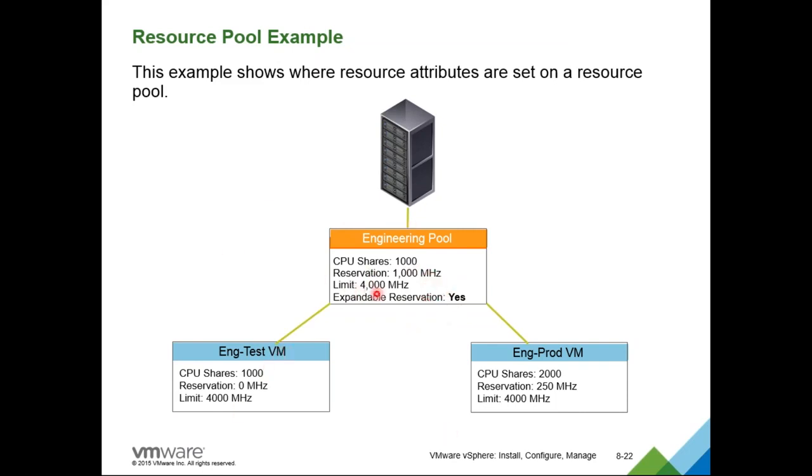Now under the engineering pool, I have two VMs. One is the test VM, and the second one is the prod VM. For the test VM I allocated 1000 CPU shares. The reservation I haven't configured, but the limit I gave is 4000 megahertz. It means from our engineering pool, whatever shares are there, I can consume from here.